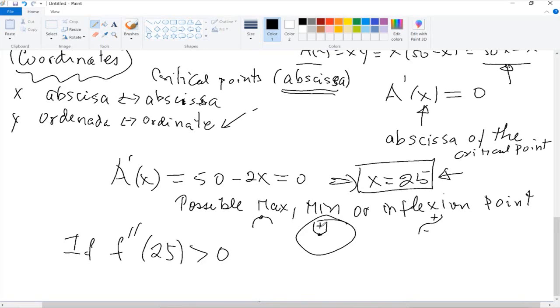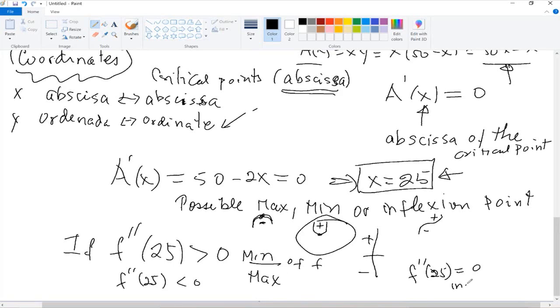And it's not difficult to remember because in the x's, those are the pluses, those are the minus. When this happens, minimum of f. When this one, remember this picture, means max. And when this happens, change of concavity at this point.